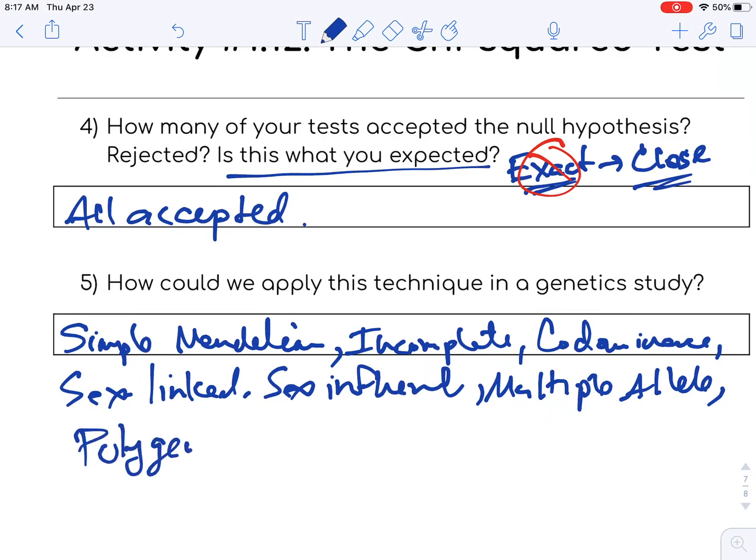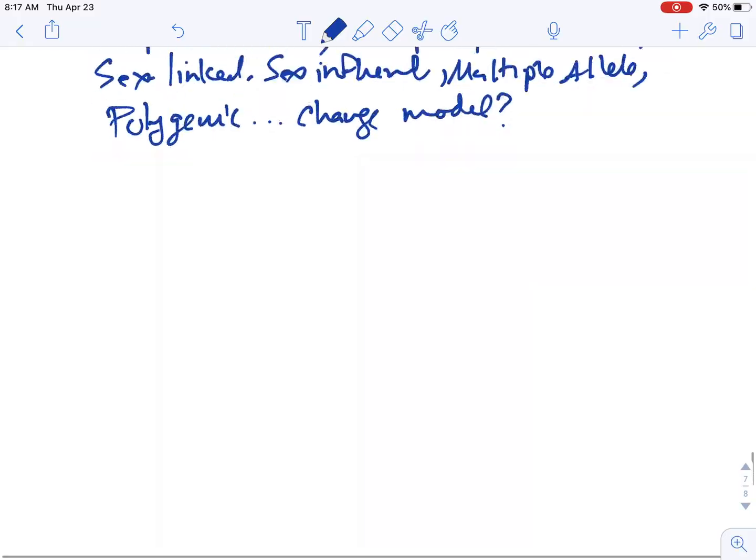And I might have missed one in there. But I'm wondering, what would we do differently if we wanted to transition from one of these to the other? How would that change the model and our expected values? So that is what I want you to discuss and write about. I believe that is the end.